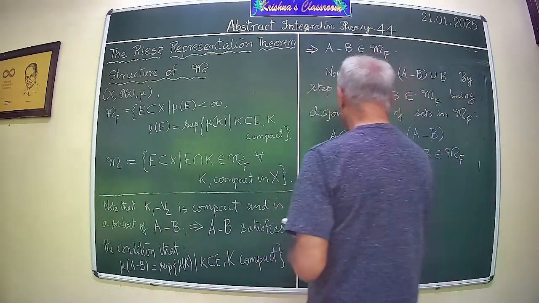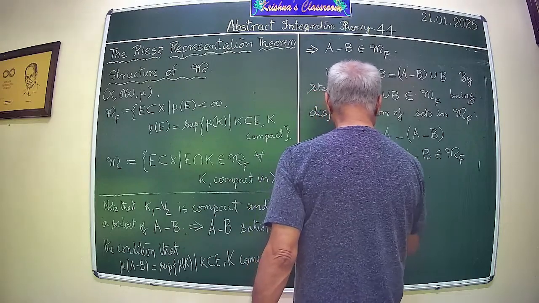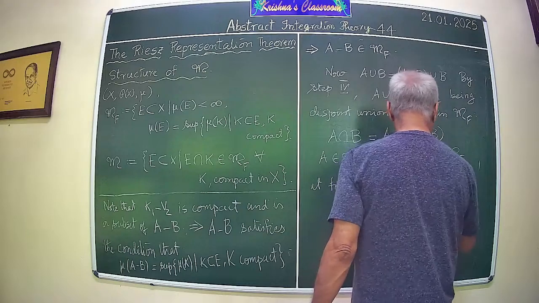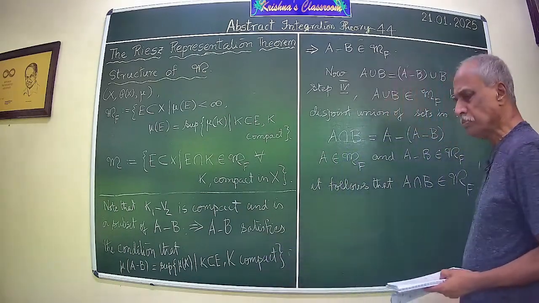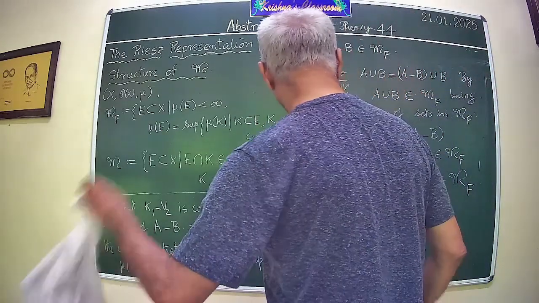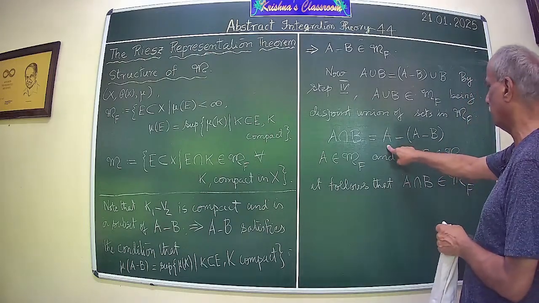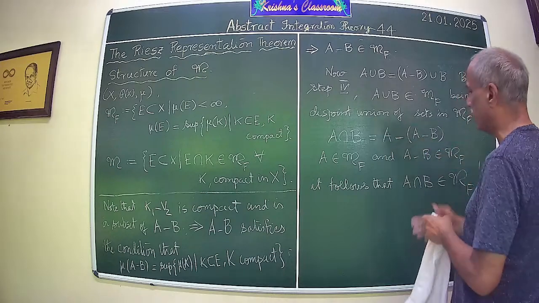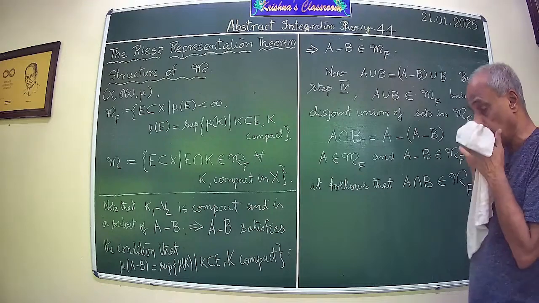It follows that A intersection B is A minus a set in MF, and A is in MF. So A minus a set which is in MF is again in MF. That is that. So we have proved this result completely.